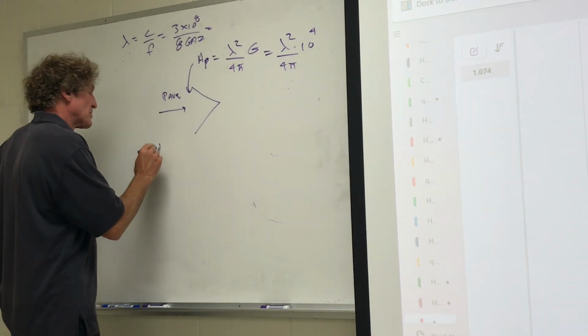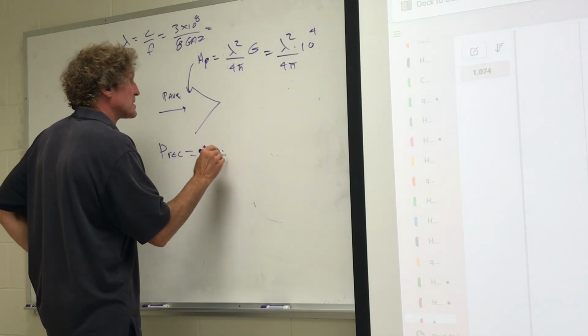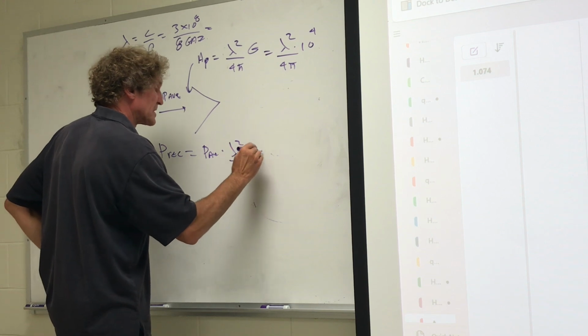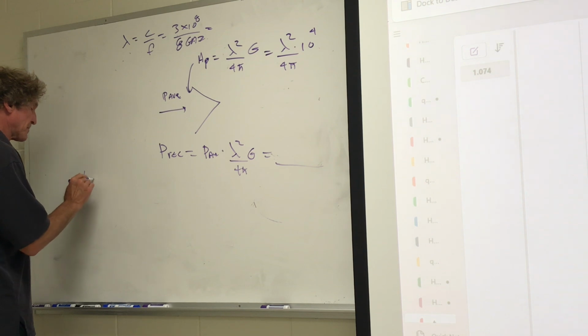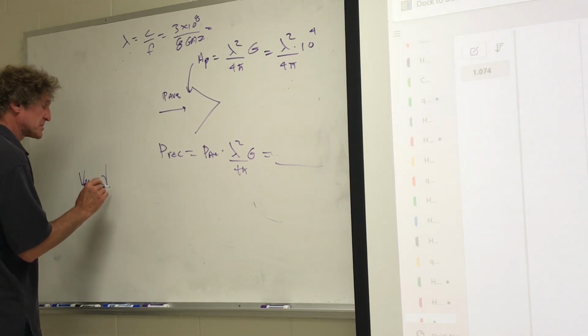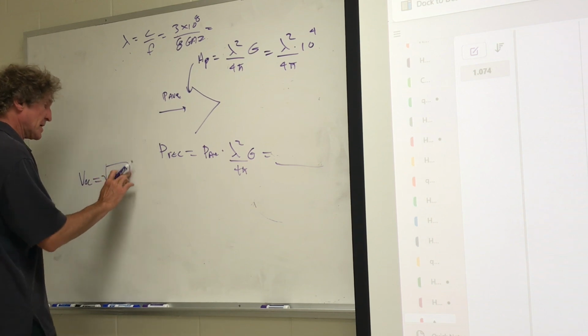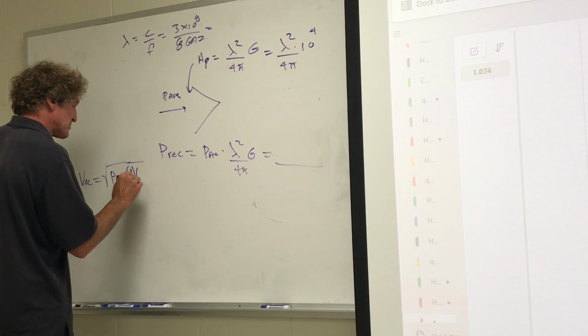That means the power received is equal to the average power density times lambda squared over 4 pi times the gain. And once you have this, you need V open circuit. And V open circuit is simply the square root of P received times 4 times the radiation resistance, R rad.